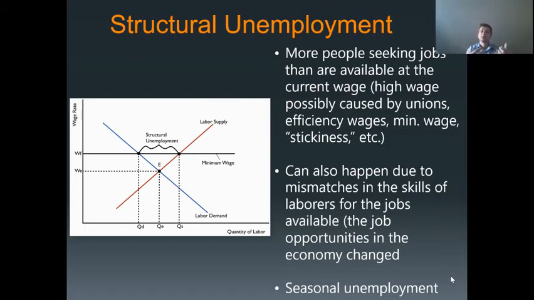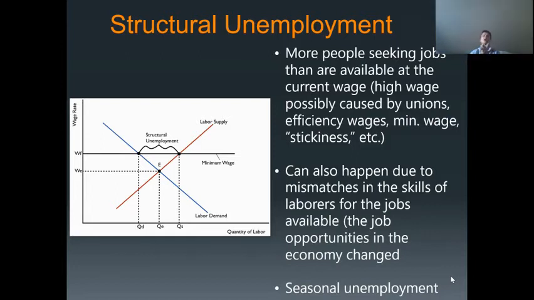Now, in some cases this can be caused by just inefficiencies in the market. It can be caused by unions forcing an increased wage. It can be caused by efficiency wages, which are essentially businesses paying people higher wages to retain them. It can be caused by minimum wage, although all of these things have been somewhat debated over the years.